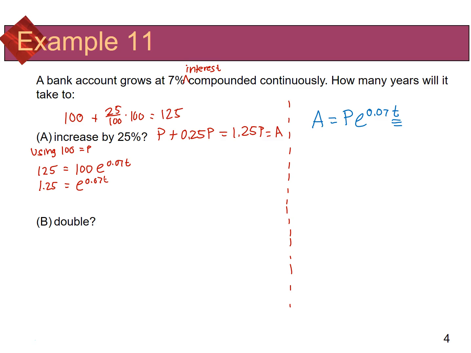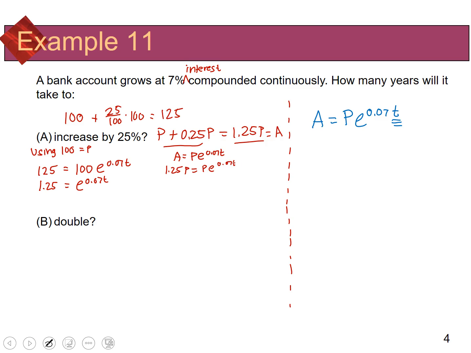The reason why I'm going to pause there: what happens if I were to use this more abstract concept and say, okay, well, if I start with A equals p e to the 0.07t, and I'm saying A is 1.25p, that's going to equal p e to the 0.07t.